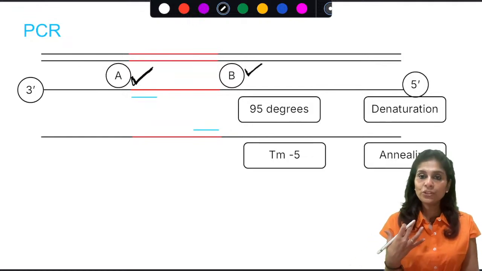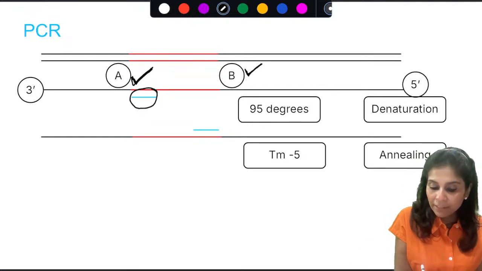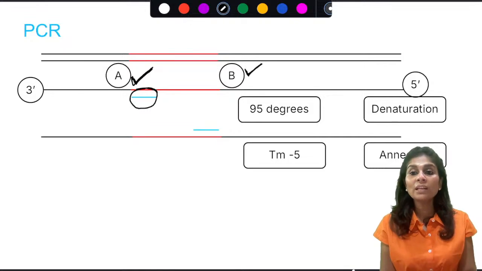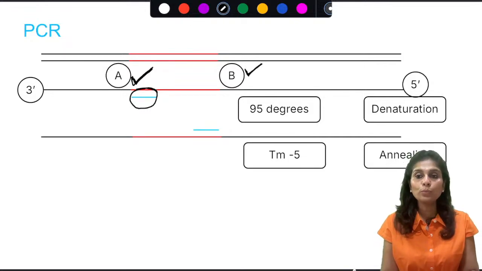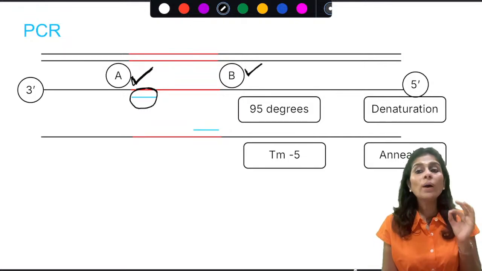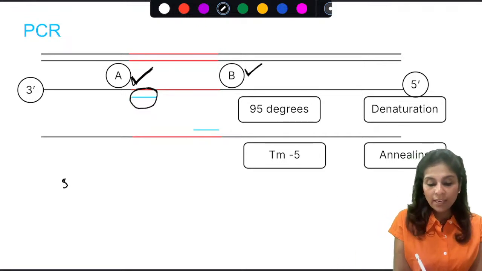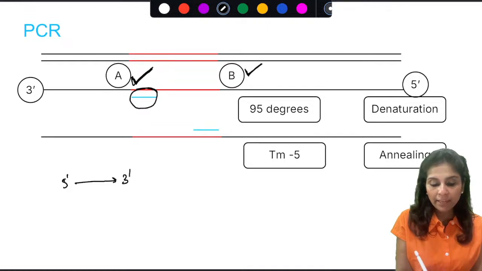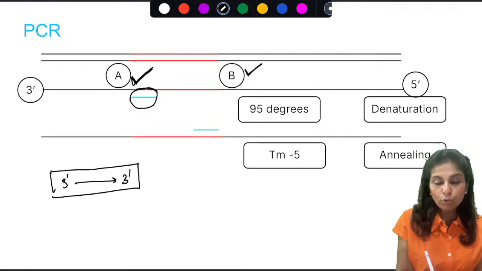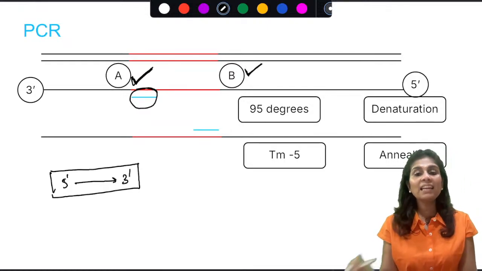How have I chosen primers? I've chosen primers in such a way that they are complementary only to the 3' flanking sequence, only to A. Why? It's because DNA polymerases can synthesize a new strand only in 5' to 3' direction. Even if you don't know this till now, please memorize it.